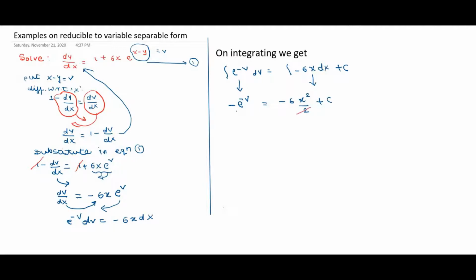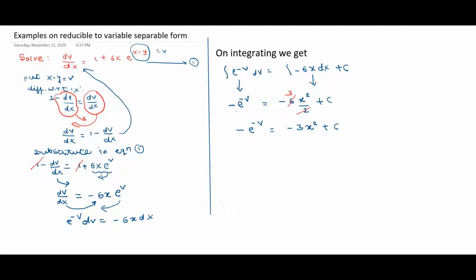Here 2 gets cancelled, 2 ones are and 2 threes are. So at last we get minus e raised to minus v is equal to minus 3x square plus c.